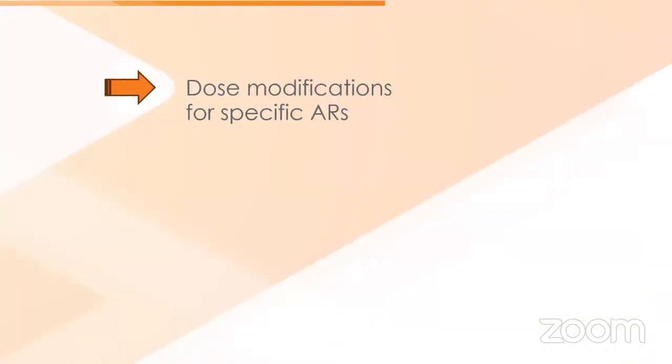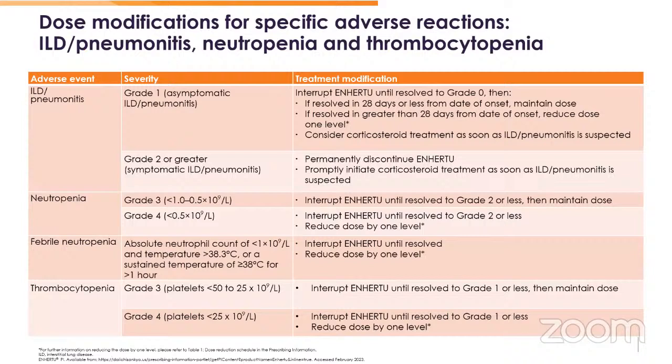Change the slide, please. So let us come to the next slide, please. Let us come to the issues of specific adverse reactions. So the first one that we see is the most important. Remember, grade 3 and beyond ILD is only in 2.2% of patients. But if it is grade 2 or greater, we permanently discontinue NHER2. In others, we wait until the ILD resolves.